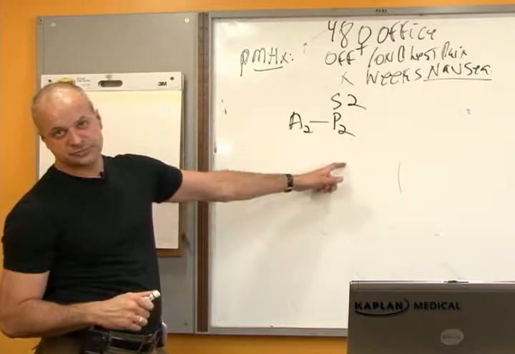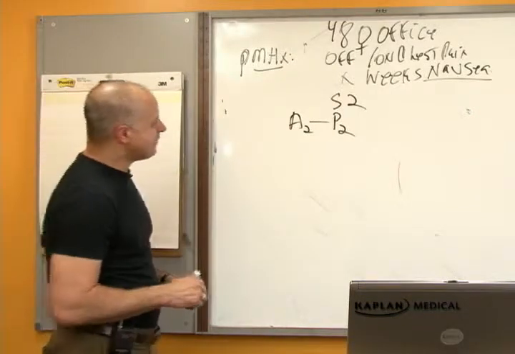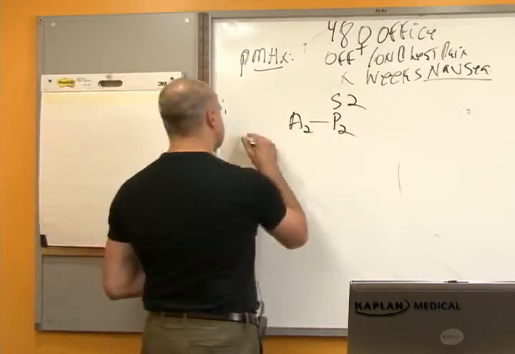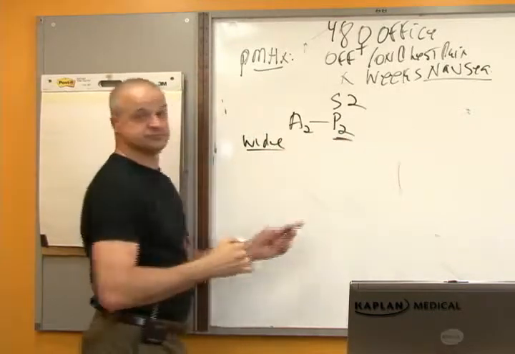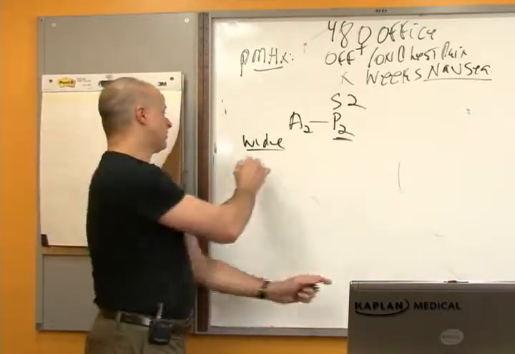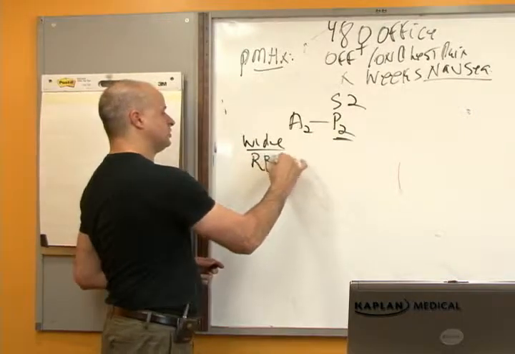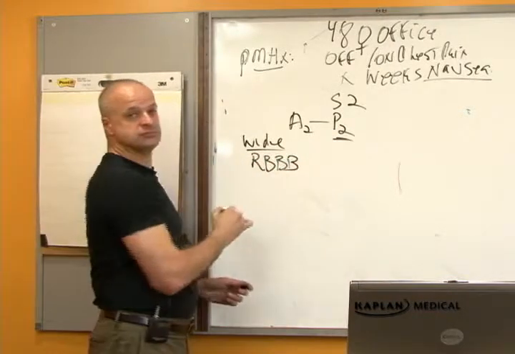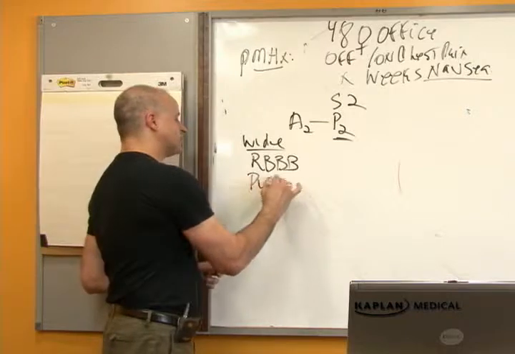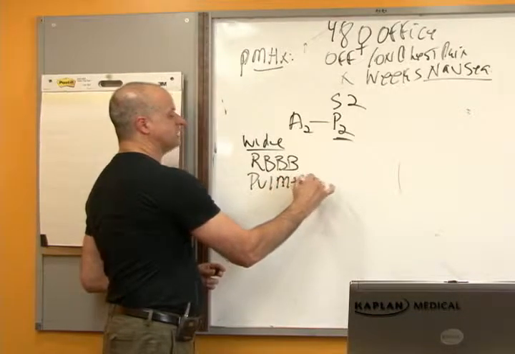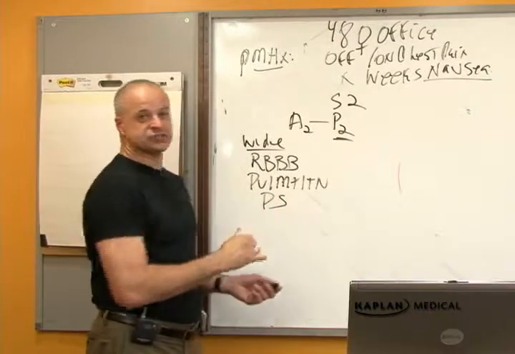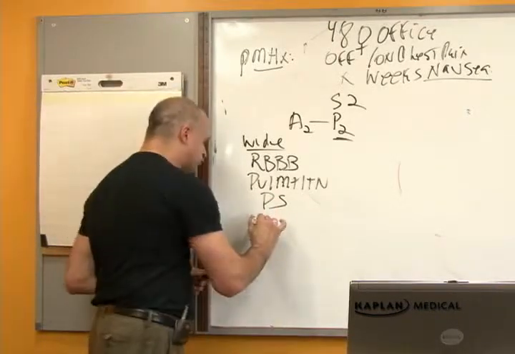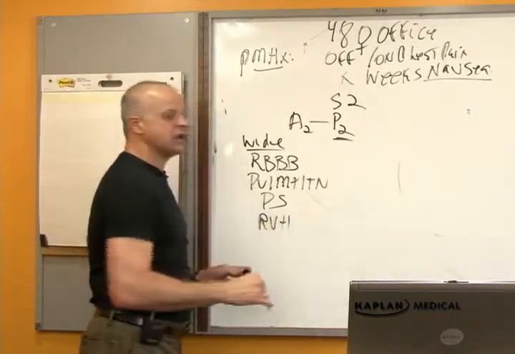If you have a delay to the closure of the pulmonic valve, it gets wide. Right bundle branch block, it gets wide. Pulmonary hypertension, it gets wide. Pulmonic stenosis, it gets wide. Right ventricular hypertrophy, it gets wide.